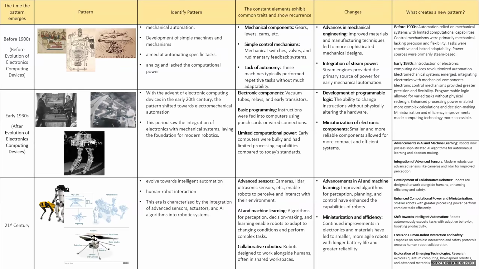But in the 21st century, we created a lot of advanced sensors, like LiDAR. LiDAR is a laser detecting sensor which maps the environment. It is the main source of autonomy in self-driving cars. So we apply a lot of collaborative robots.